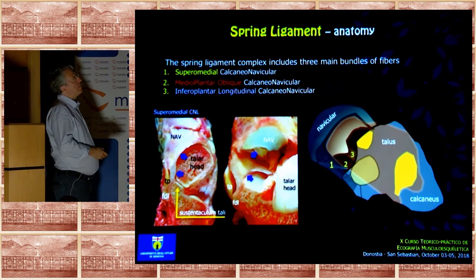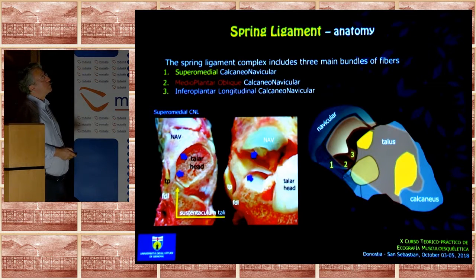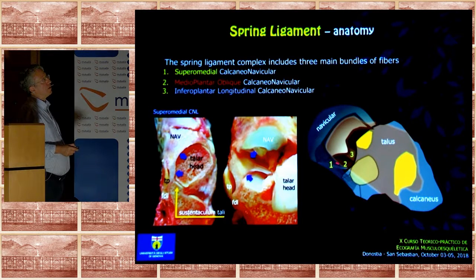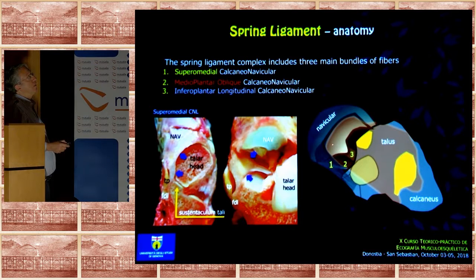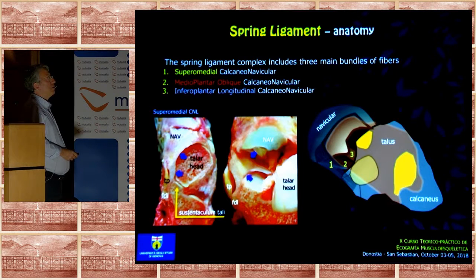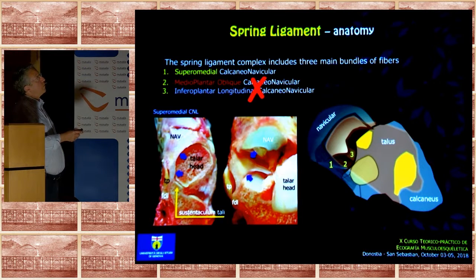The spring, remember, is complex because it's made of a superomedial component visible here, and this is the component that we see on ultrasound. And then there is a medioplantar and an inferoplantar oblique. Here is also the site of the vein of the plantar calcaneocuboid ligament. So one component is visible.